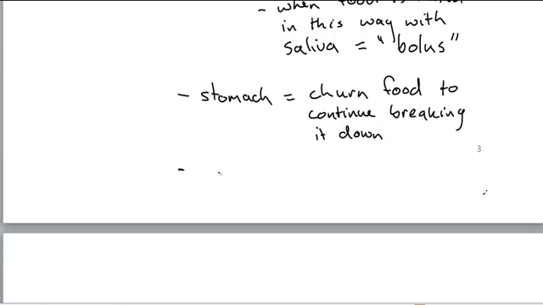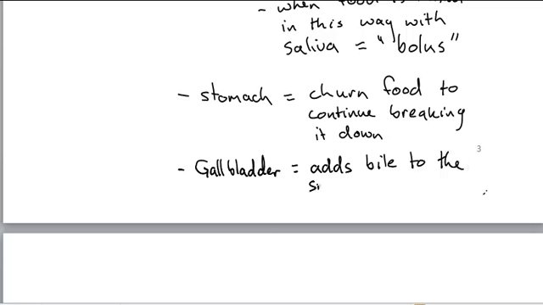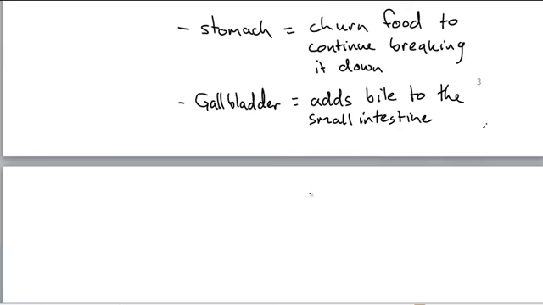It's not really a site, but one more contributor to mechanical digestion. And this is the gallbladder. And it adds what's called bile to the small intestine. We'll just continue down here.